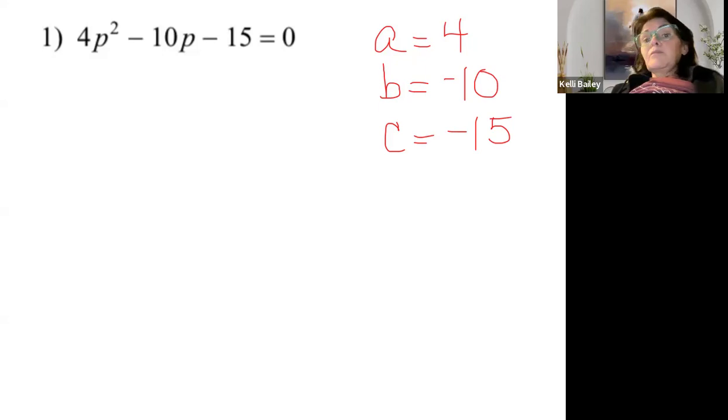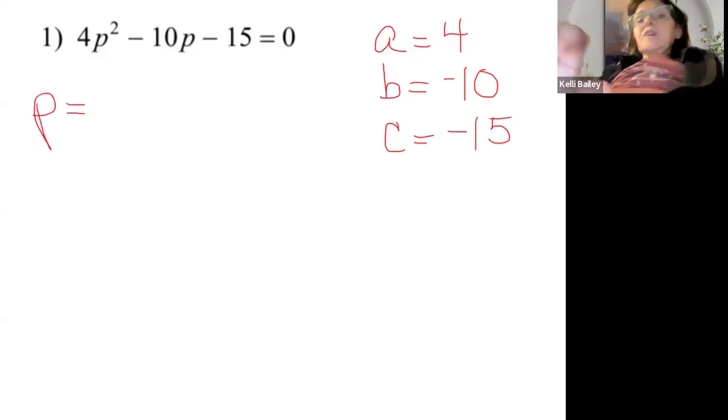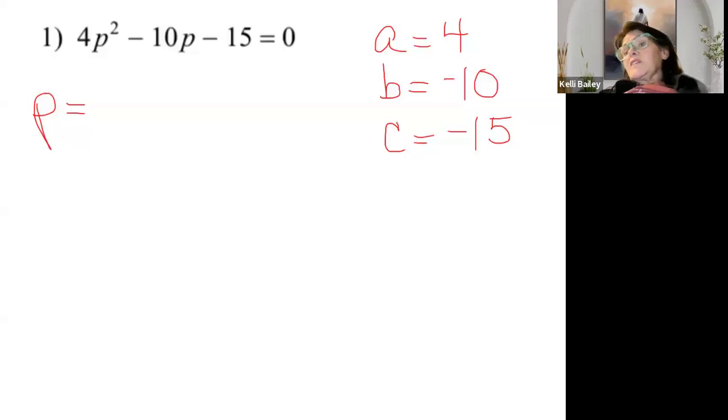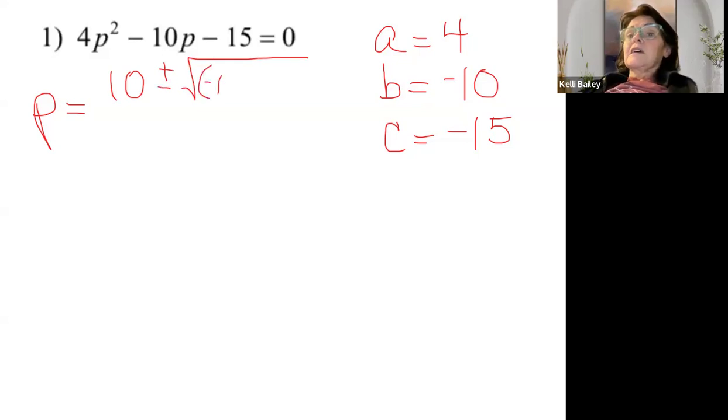Now, all we have to do is plug these into the quadratic formula. This time, p is what we have and not x. But p equals opposite of b. b is negative 10. The opposite of negative 10 is positive 10. So 10 plus or minus the square root of, now b squared, negative 10 squared minus 4.